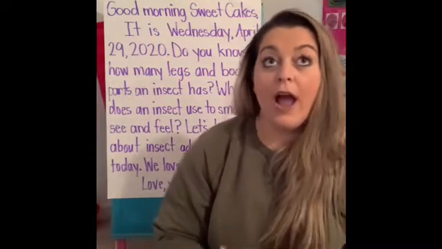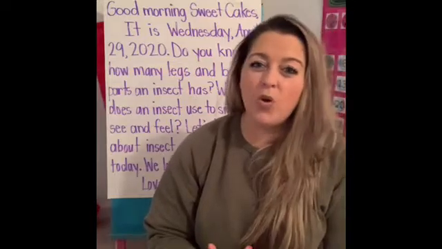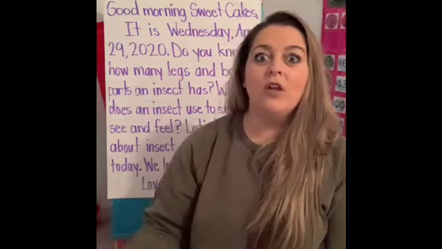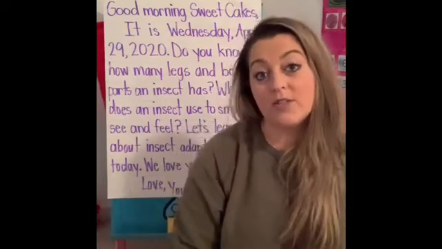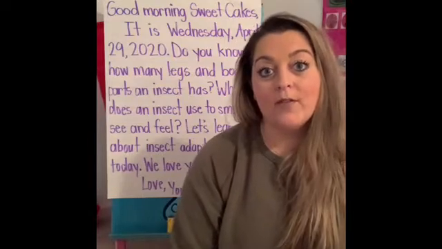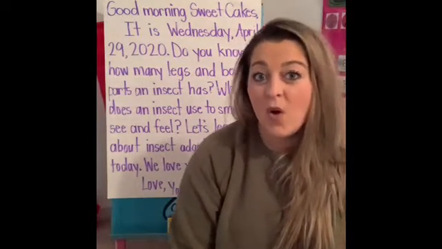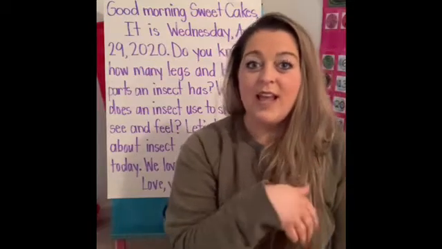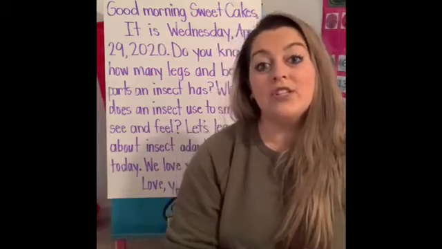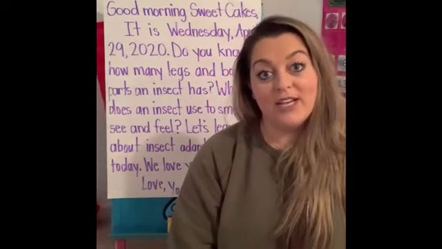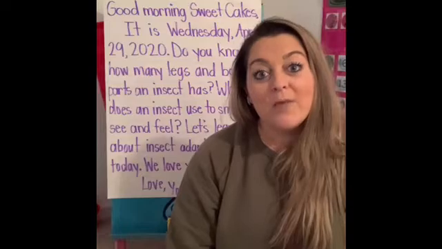I don't think a polar bear would be able to come and live where I live without special people taking care of it or a special habitat like in a zoo, because their body isn't made to live where we live. Just like a cactus probably wouldn't do very well growing in my backyard. Those plants have certain adaptations to live where they live. Insects also have to have adaptations to live where they live. So that will be our read aloud today.